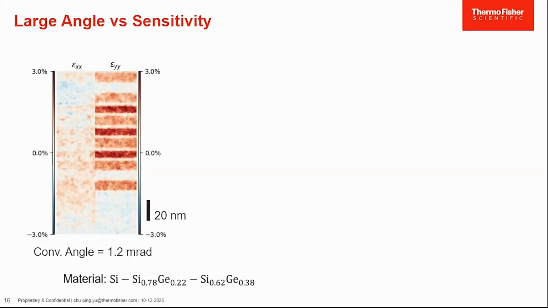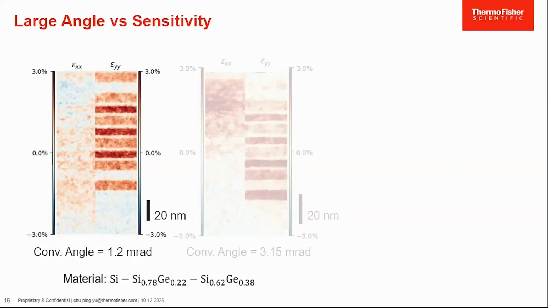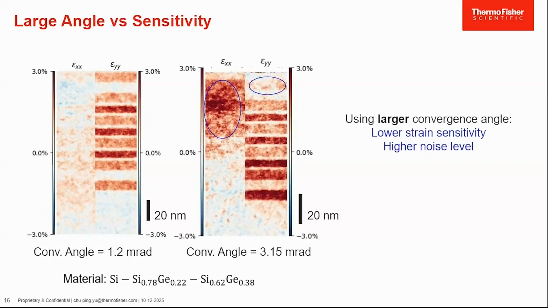And if you pursue a better resolution with a larger convergence angle, this effect gets even worse. So you have very, very pronounced artifacts from the background, and some of the silicon germanium layer is disappearing because of this background noise.